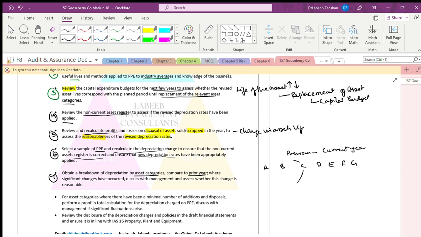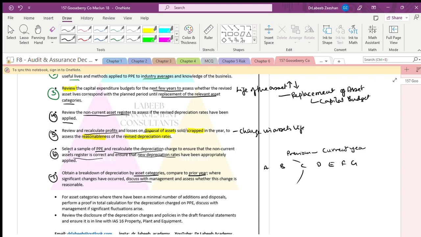If you understand these points, you can fit these ideas into most of the different substantive procedure questions. Here you will get an idea, and this will have replication. Compare with prior years, and if there is a really significant change, then you have to discuss with the management.